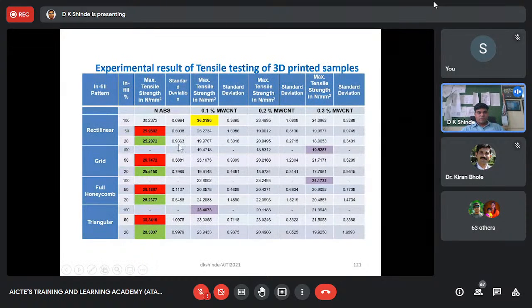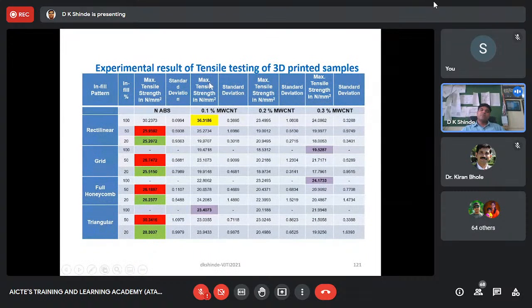So 0.5, 0.7, those are the standard deviations. For the grid also, we did 50% and 20%, and full honeycomb 50%, 26 megapascal, 20% also almost the same. Rectilinear 30%, and for 50% and 20% it was 28 megapascal.